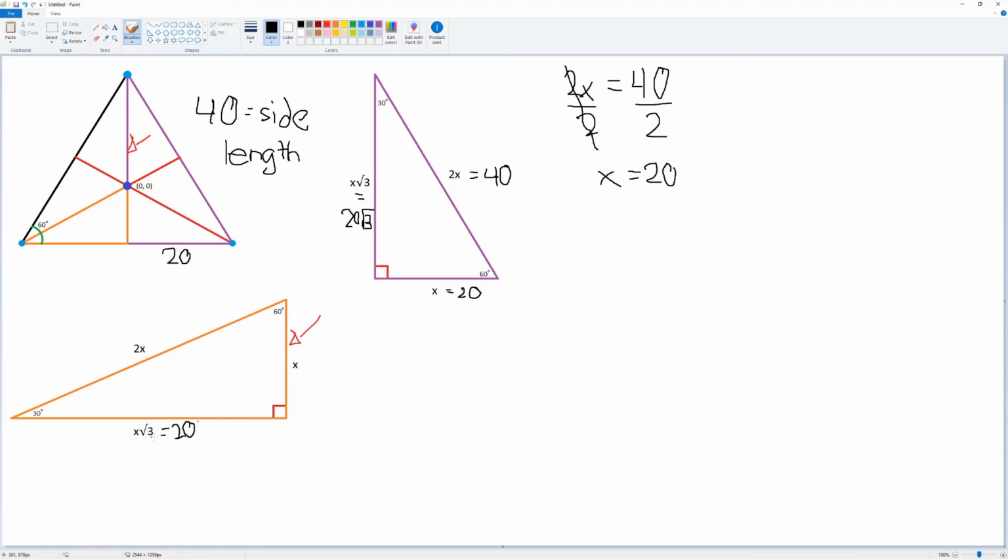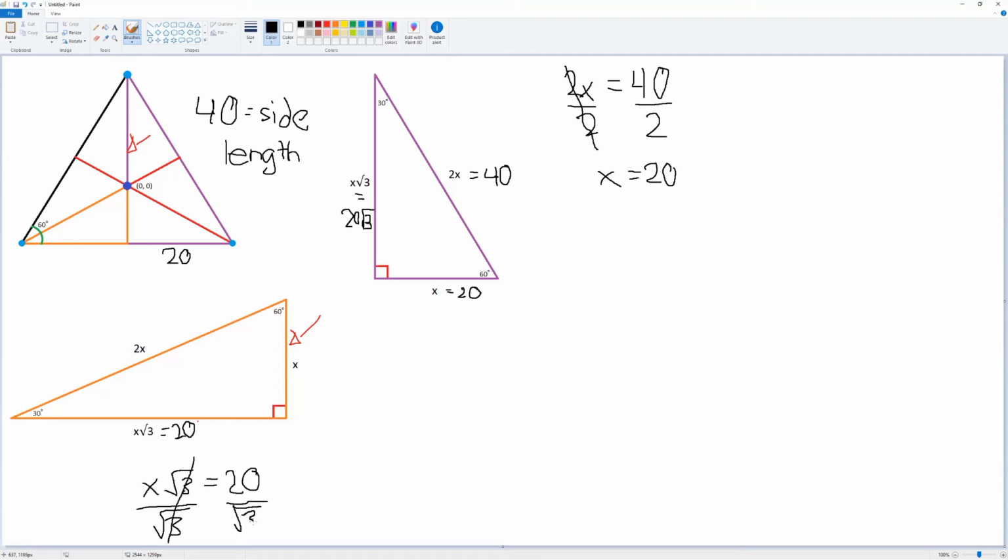Well, we know x rad 3 is 20. So if we wanted to find x, all we have to do is divide out the square root of 3 from both sides. So I have x rad 3 equals 20. Divide out radical 3 from both sides.